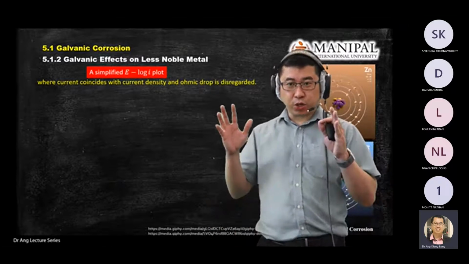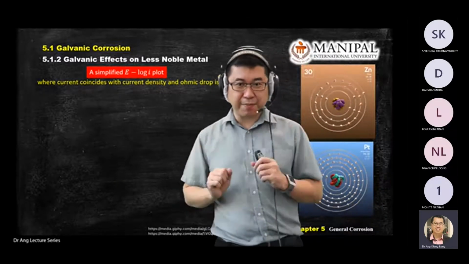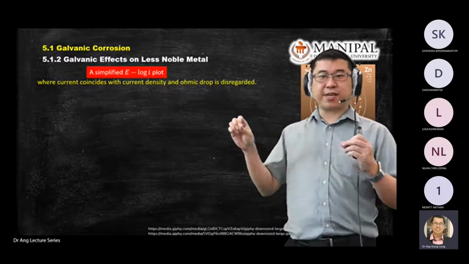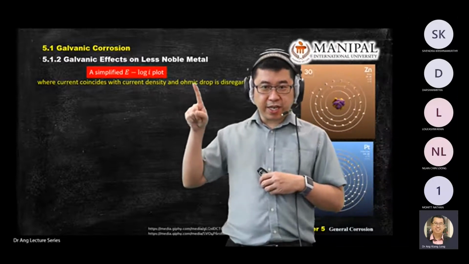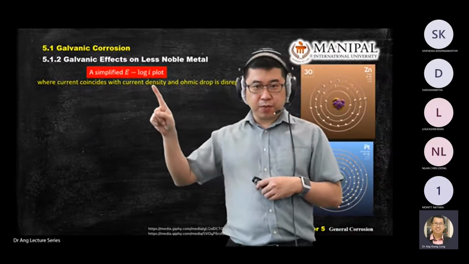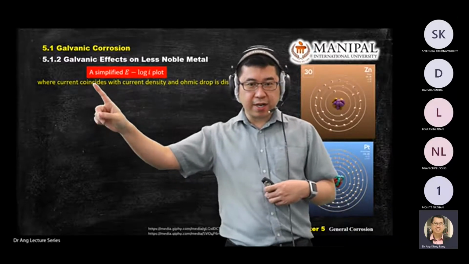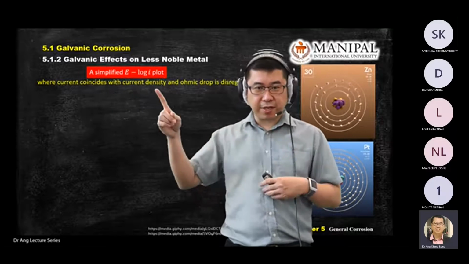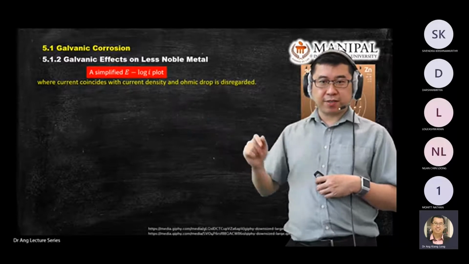We are looking at a theoretical scenario, not the real scenario. Theoretical dimension first. In theory, we can take out some environmental considerations. So we ignore ohmic drop, and we ignore the other current that coincides with the density. So we ignore these two things.